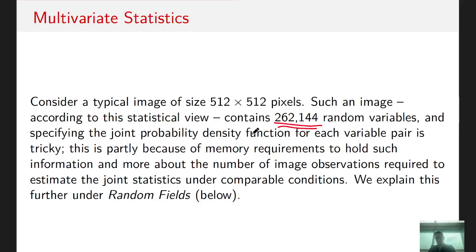However, what we can do usefully in considering image processing is to introduce a statistical view of images, is to take pairs of pixels at a time and look at the joint density function between pairs of pixels.